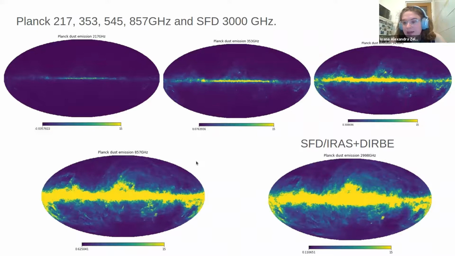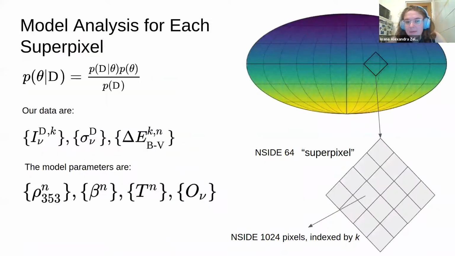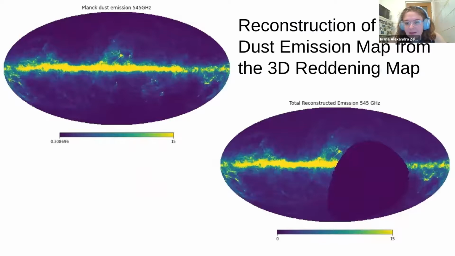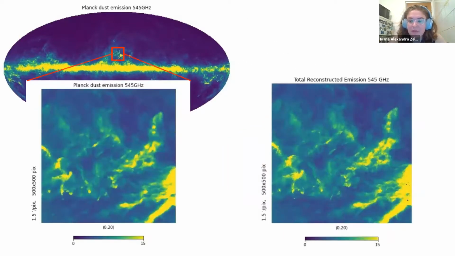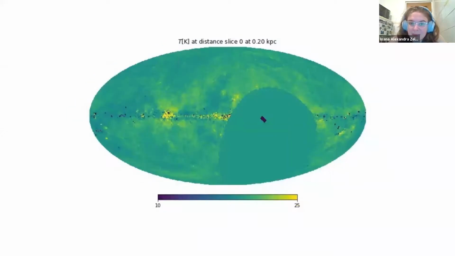I basically tie the dust emission to the two-dimensional maps from Planck, but model it in 3D. And I reconstruct the maps in 2D from the 3 dimensions from the emission maps, and they work well. And basically I obtain these temperature slices for the dust at different distances.